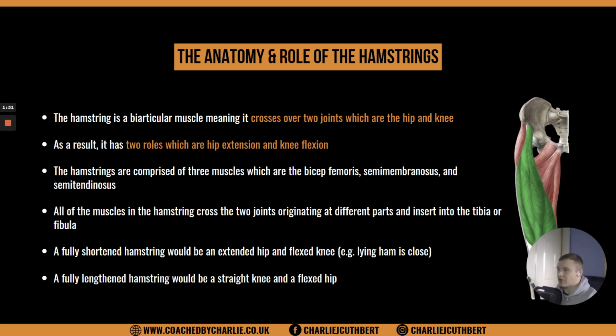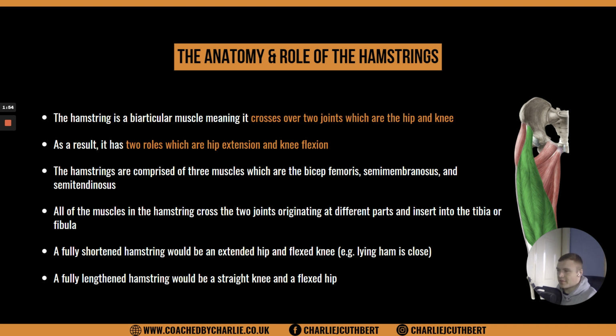The hamstrings are comprised of three muscles, which are the biceps femoris, the semimembranosus, and the semitendinosus. You don't need to know these exact names, but all you need to know is the hamstring crosses over two joints, hip and the knee, and its roles are hip extension and knee flexion.